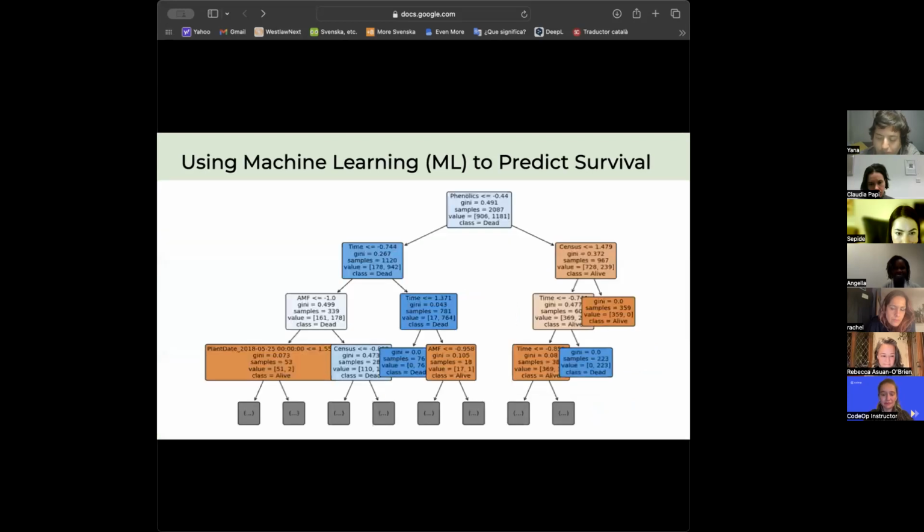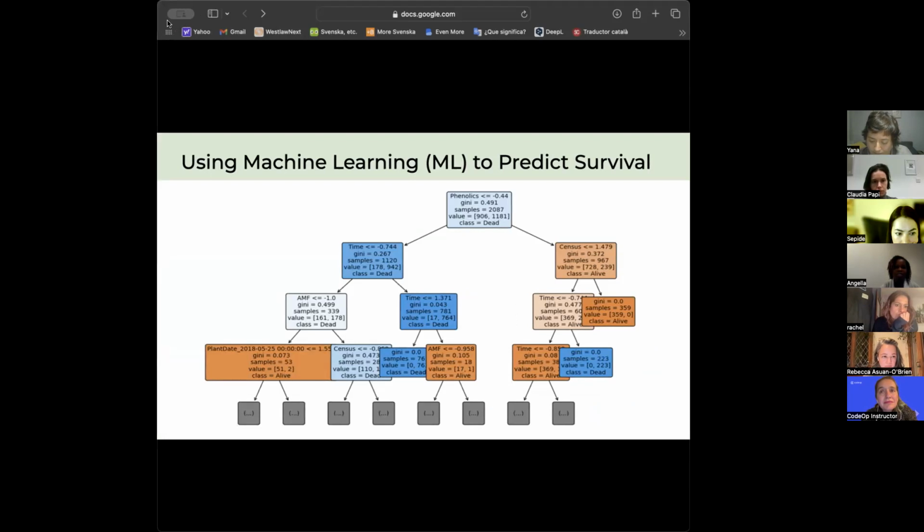Next slide, please. Okay, so this is an outcome from the decision tree classification, where we have phenolics at the very top at the root node. The Gini figure represents how good the split is, the quality of the split. And at the start, it has all the samples, 2087, which are in the train set. And these have been split into whether they're alive or dead.